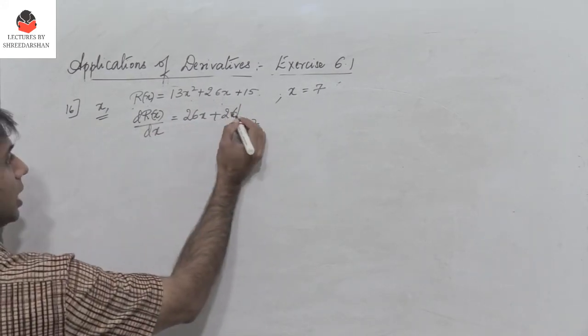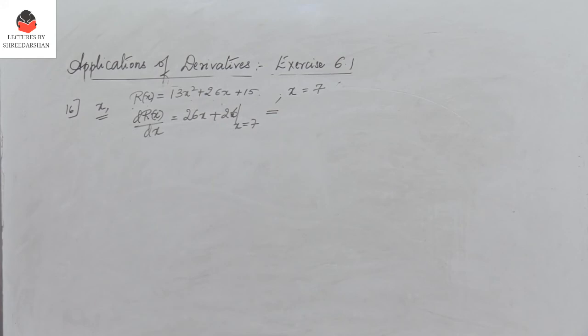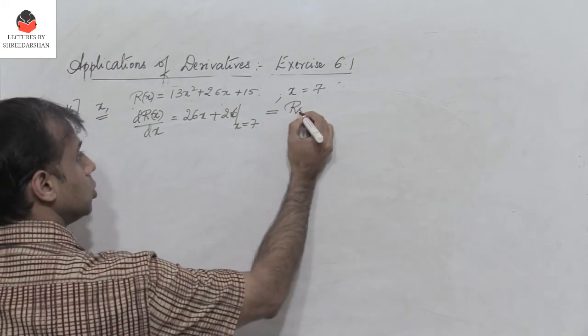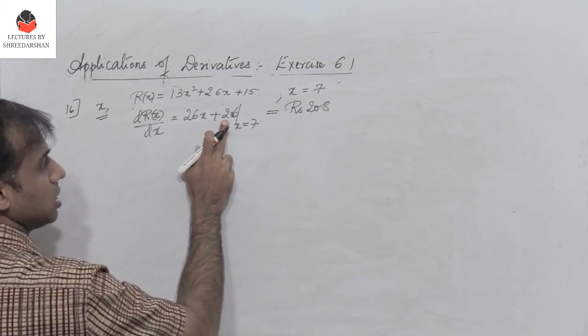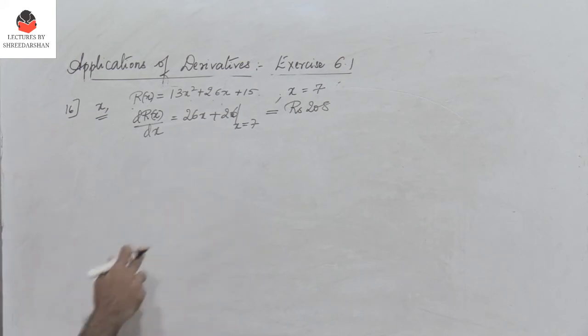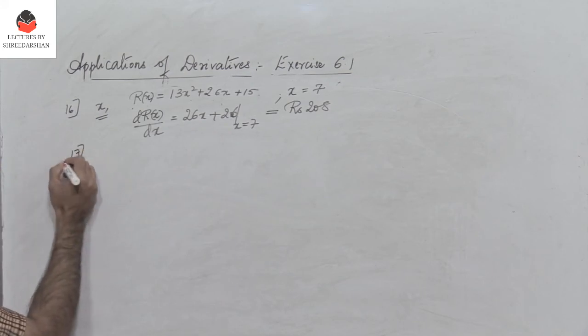Alright, so what is the final answer we get? The final answer is rupees 208. Right, so you have 26x plus 26, so it's going to be 26 into 7 plus 26, which gives me a value 208.